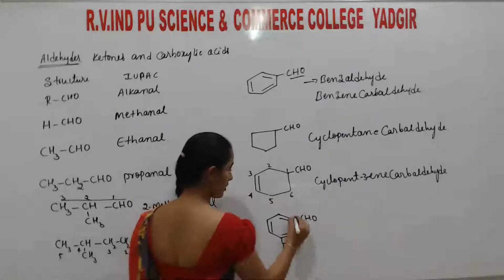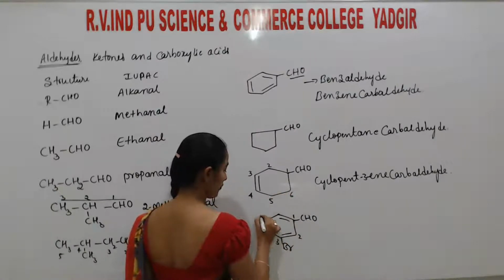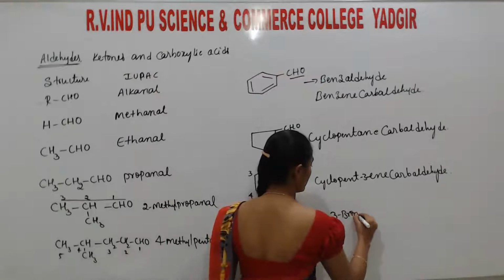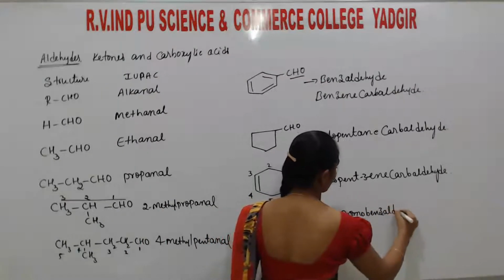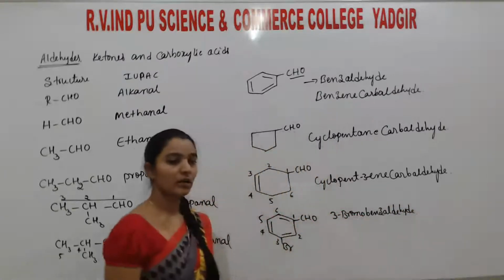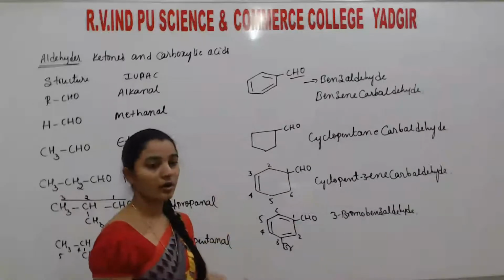If this is the first carbon, 1, 2, 3, 4, 5, 6. That is 3-bromo benzaldehyde or 3-bromo benzene carbaldehyde. Okay, this is the nomenclature of aldehyde.